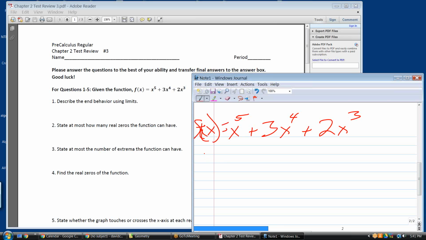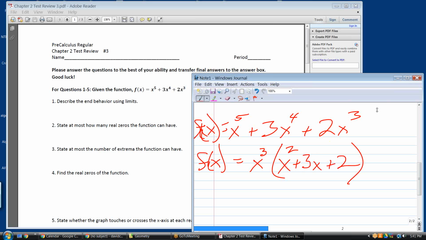Okay, so what do I have? 5x squared and 3x to the first, or 3x plus 2. When you factor out x cubed, what do you have? When you're going to factor something out, always write it first, and then figure out what you have left over. What's left over? x squared plus 3x plus 2.